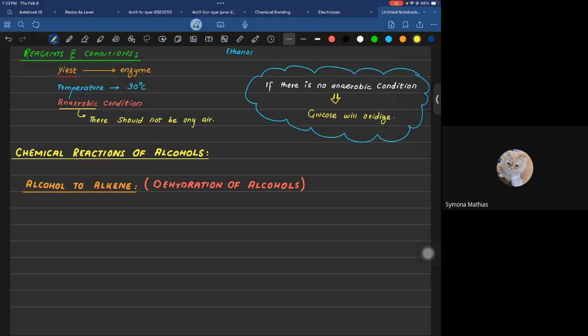So ultimately, your alcohol would be converting into alkene. It's very simple. Okay. And concentrated sulfuric acid is needed. Remember, okay? Concentrated sulfuric acid is needed. So I'm taking this alcohol, CH3, then OH, then H, then again CH3.